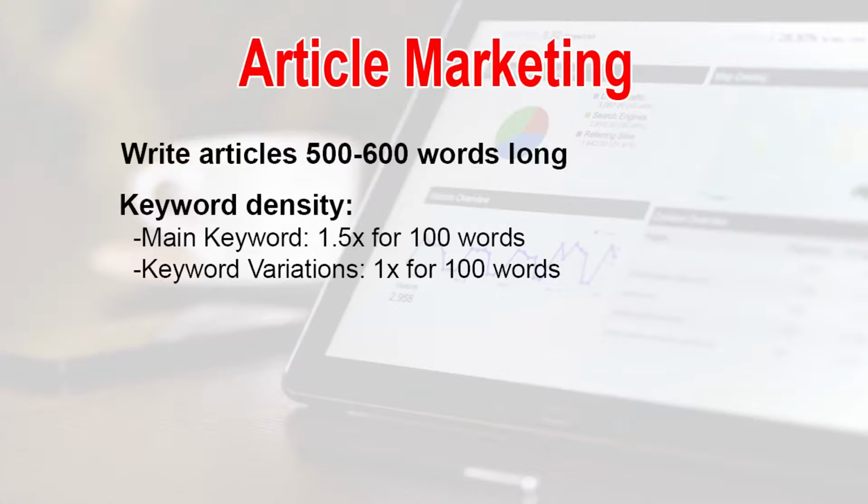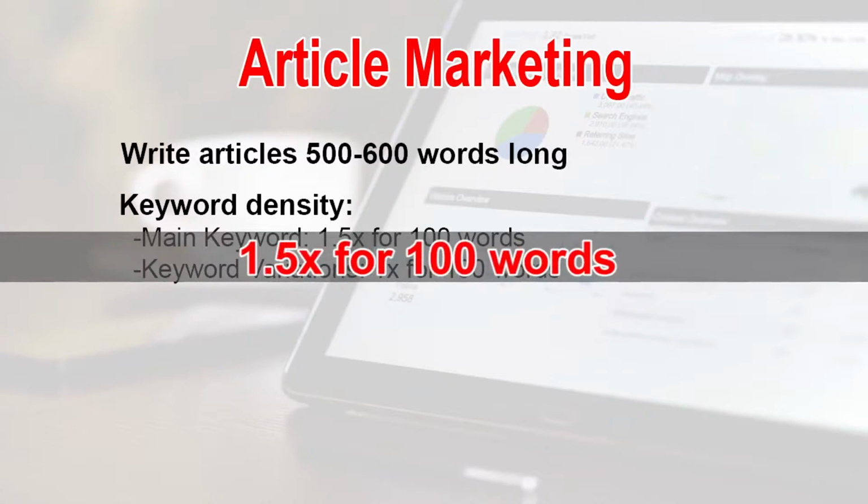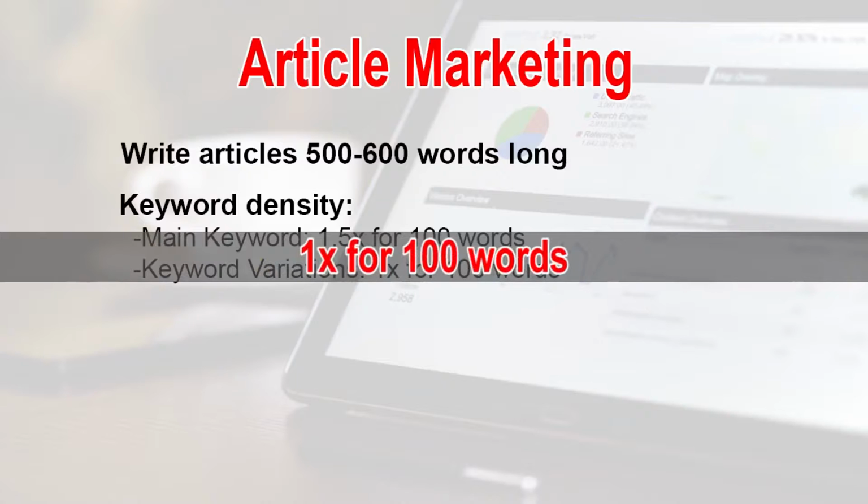If your keywords are in there a certain amount, that sweet spot, then the search engines are really going to like your article for that topic or keyword. So the main keyword, always keep this in mind, should be in your article about 1.5 times for every 100 words, however long your article is. Your keyword variations should be in there about 1 time for every 100 words that you write.